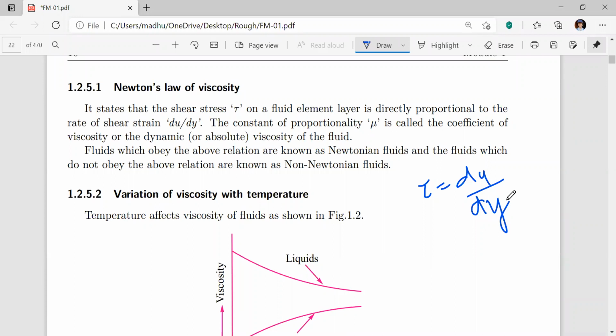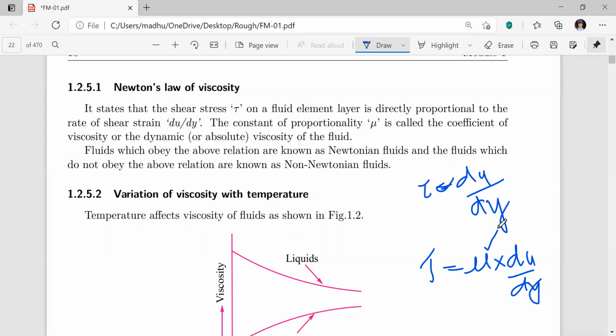In this, the constant of proportionality mu is called the coefficient of viscosity. Here it is not equals, this is proportional. So it will become equal when you use mu into du by dy. So this mu is nothing but the constant of proportionality.